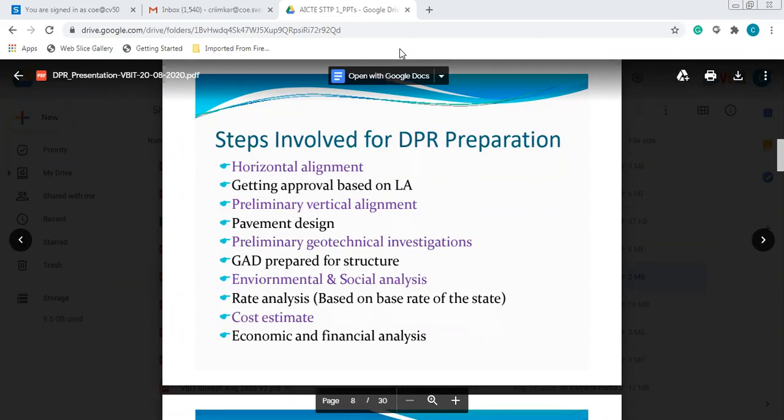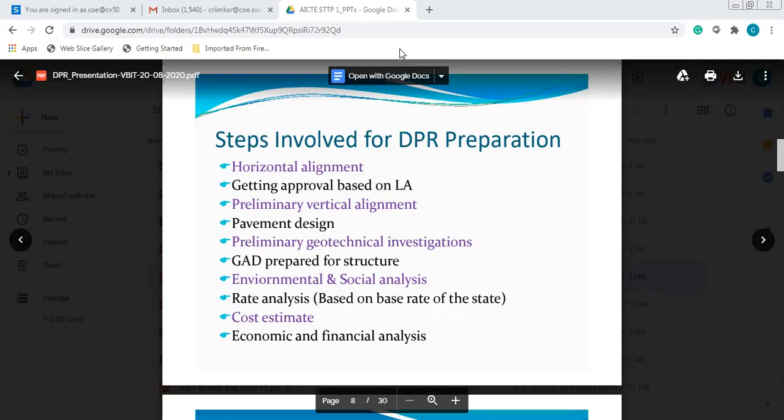Okay. So pavement design, then preliminary geotechnical investigations. These are related with your soil conditions. Okay, soil conditions. Then ground analysis data for the prepared for the structure. You have to prepare. Okay, that is analysis of the ground conditions.